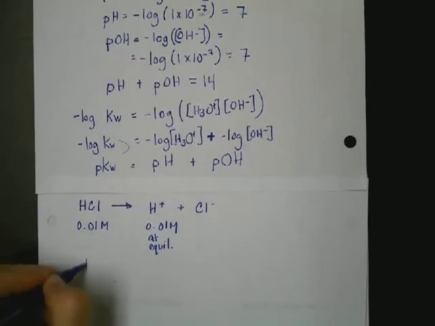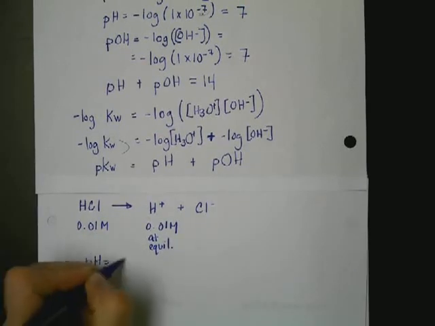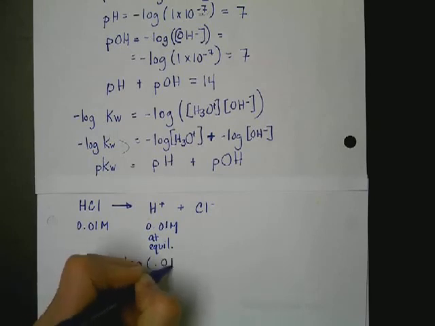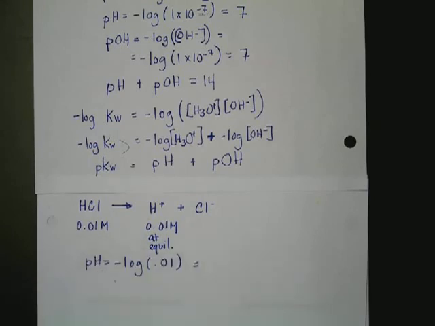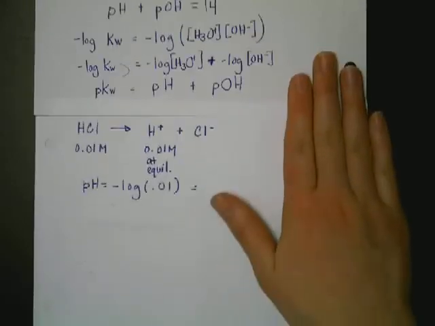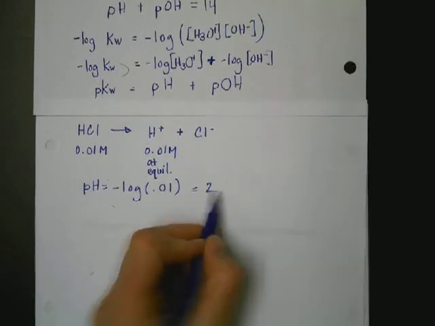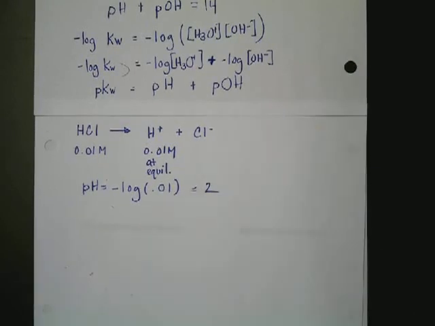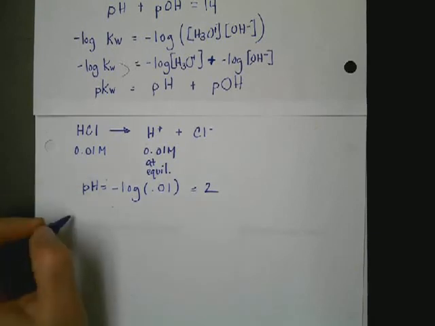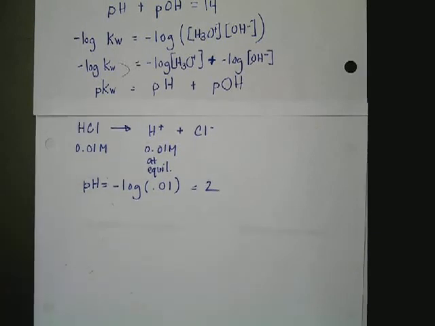Okay, so my pH is equal to the negative log of 0.01. What's the negative log of 0.01? You should get a pH of 2.